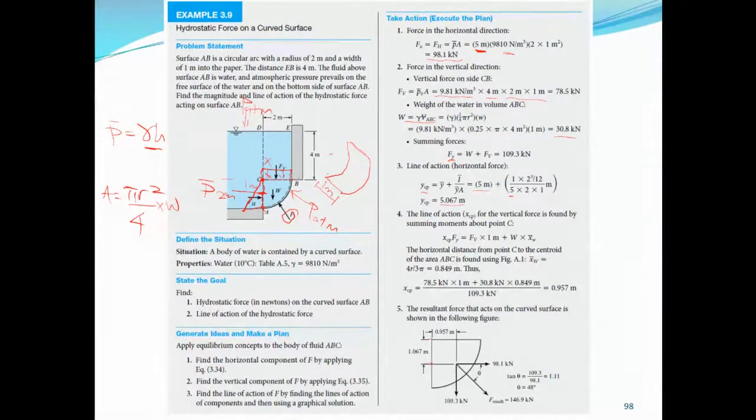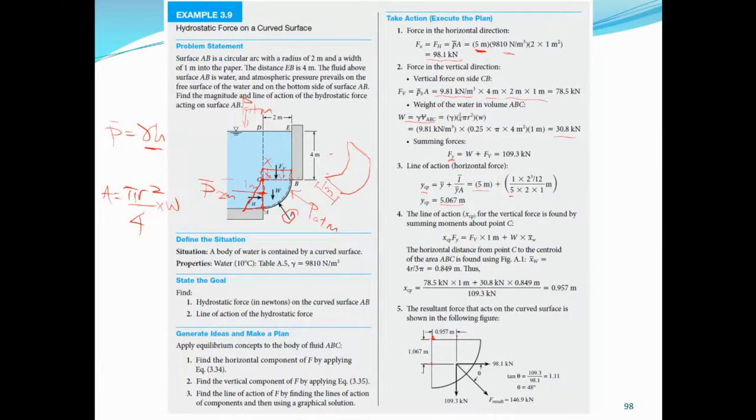Okay, and then since we know YCP, when we take moment about point C, it is going to be the moment due to the vertical component Fy times XCP, MC.